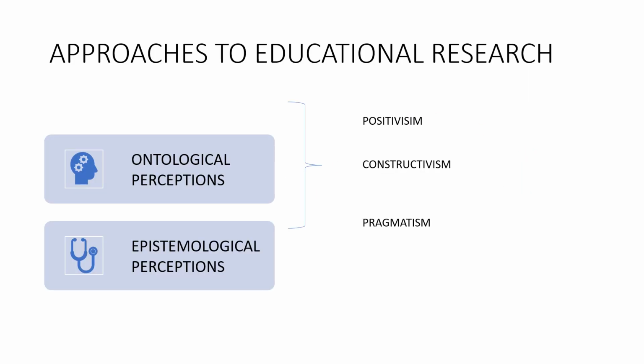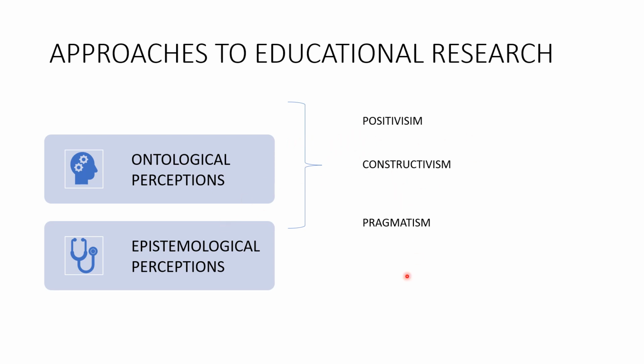Now from here you will see that when you combine the perceptions from both perspectives, ontological and epistemological, you will form the research paradigm, as I have mentioned, correct? So I will try to explain in summary how each ontological perception differs according to the research paradigm.